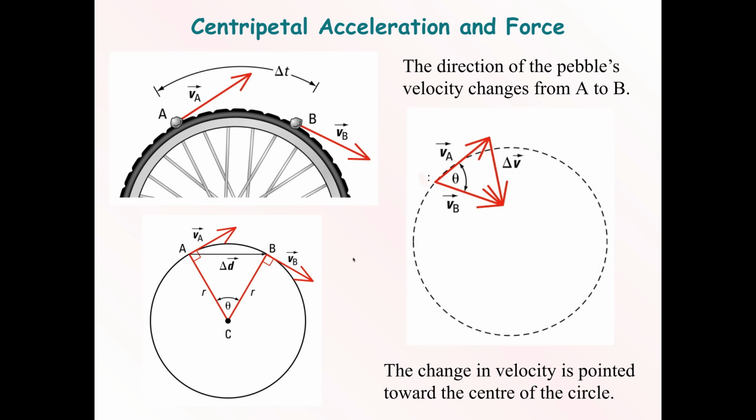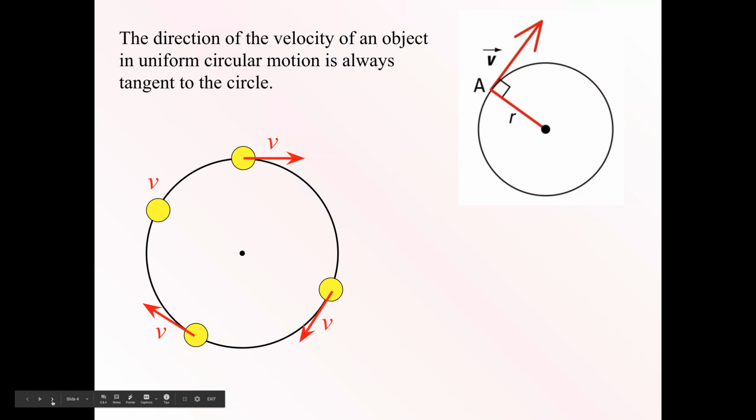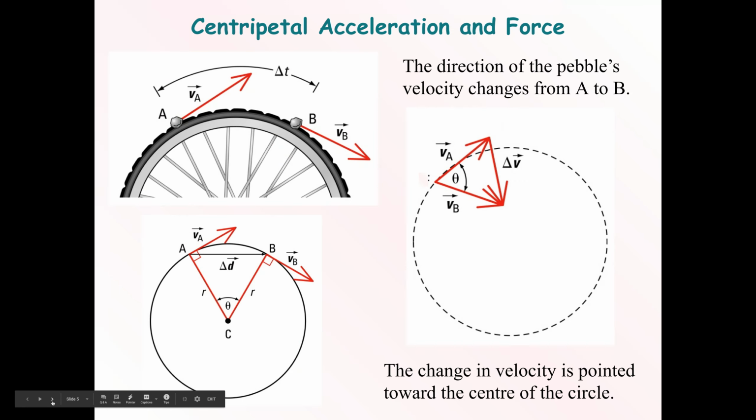Centripetal acceleration force. The direction of the pebble's velocity, in this case we have a pebble on our bike tire, changes from point A to point B. The change in velocity is equal to acceleration, and the change in velocity is pointed towards the center of the circle as it moves around.